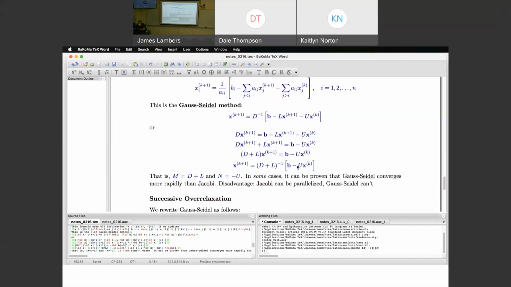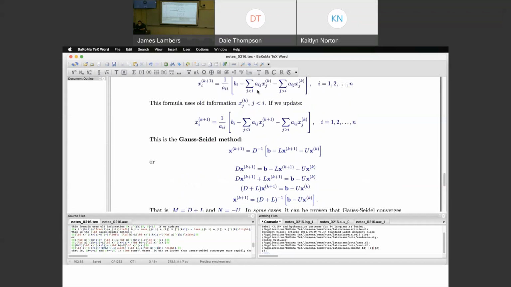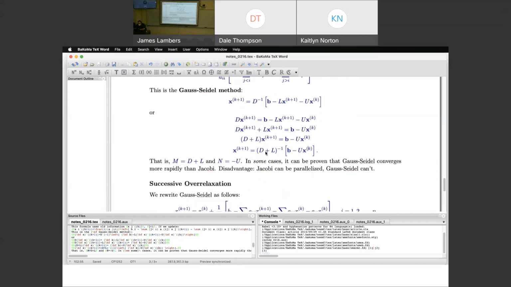So really, in effect, one of those matrix vector products in Jacobi is shifted to this part. That's why you can see that even in matrix vector format, the amount of work involved is the same.